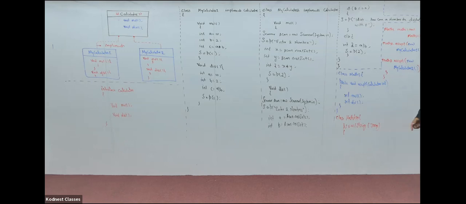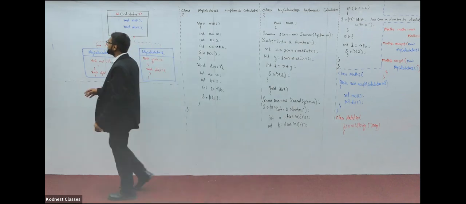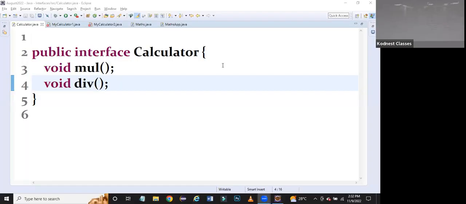First, let us see whether it will execute or not. Then maybe you can copy the first example. See, this is the interface called calculator.